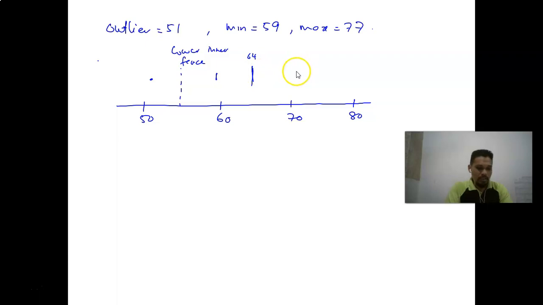And then the second quartile, 68. Okay, the second quartile which is 68, and the third quartile equals 70. Okay, there you go. This is 70, and then the maximum is 77. And this is 59.